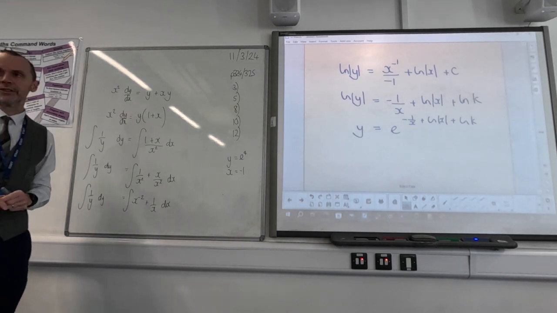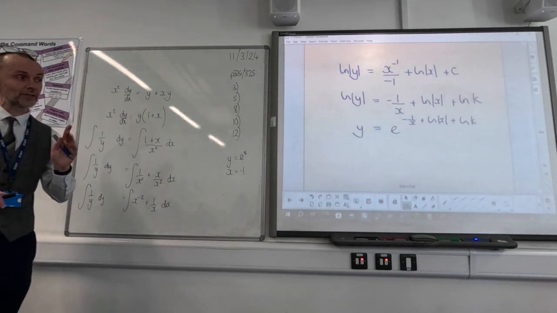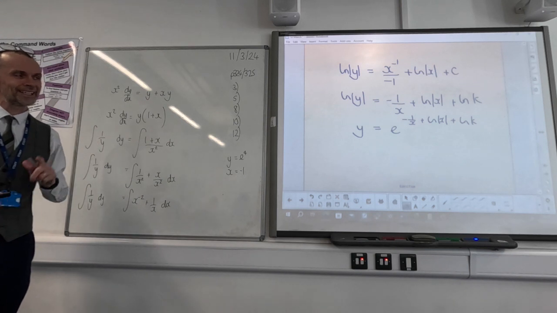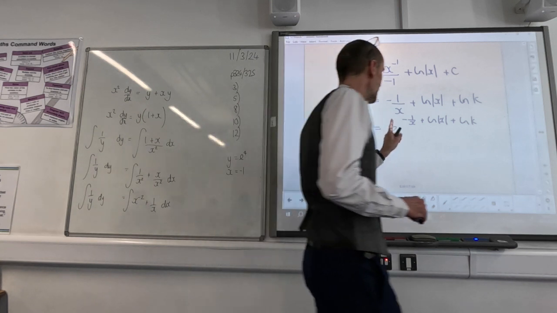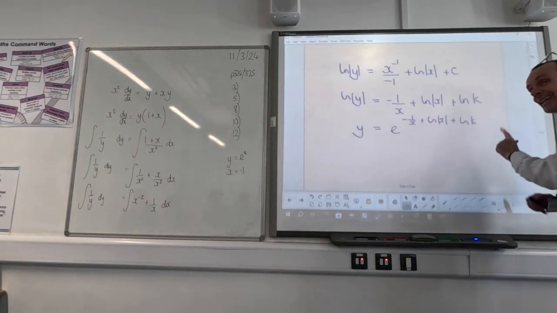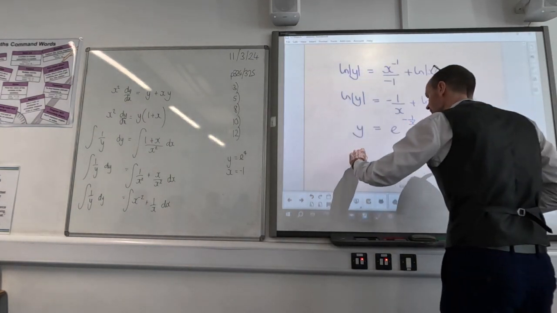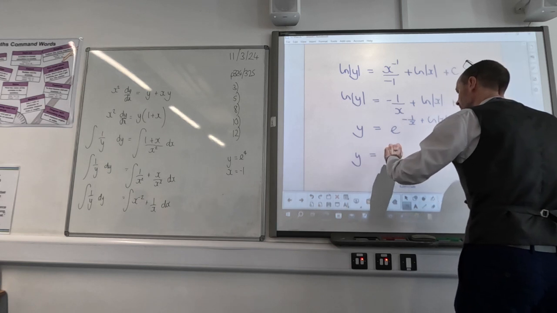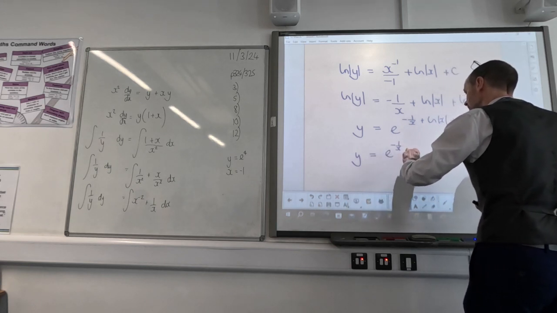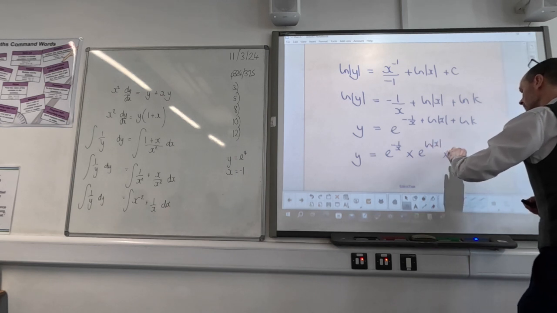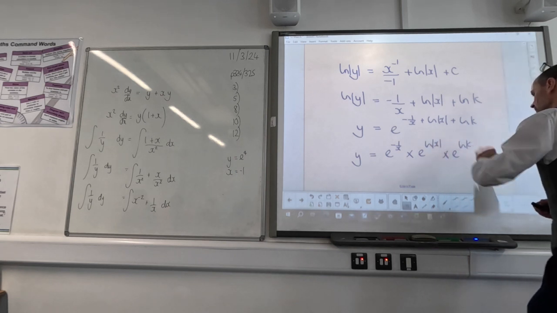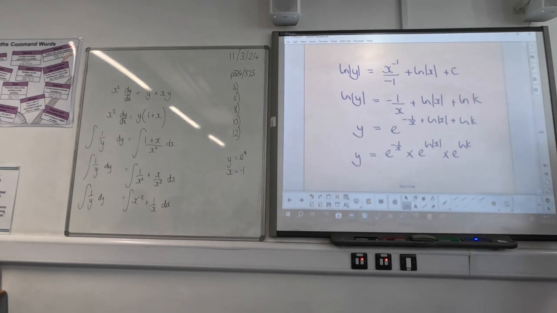The reason I've chosen to do this question with you is because of the next step. This is a little bit like that e to the x minus k one we did a moment ago. This here can be rewritten like this, because when you multiply powers of the same thing, you add the indices.